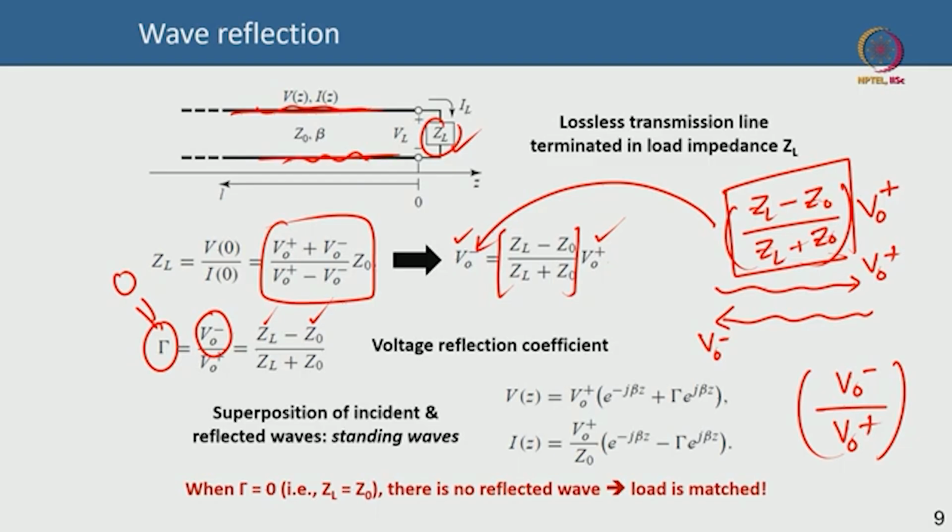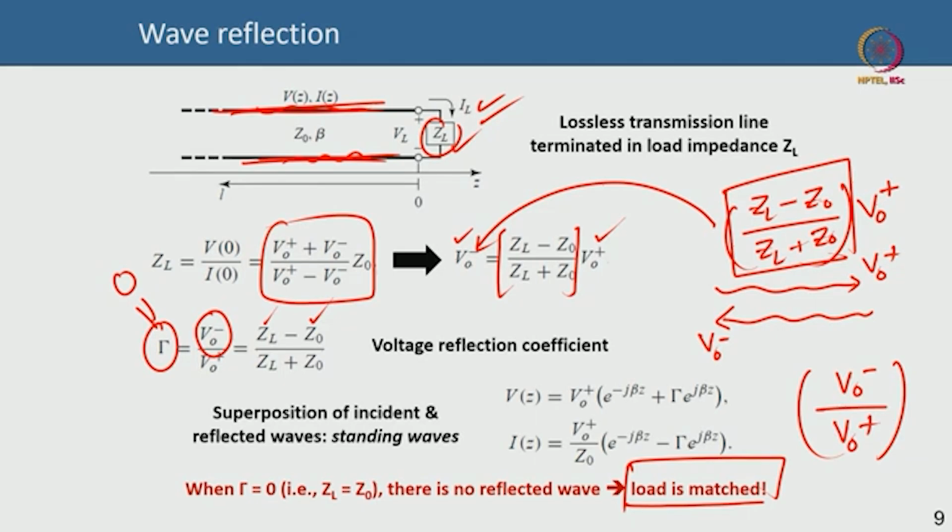So, if you have a reflection coefficient of 0, it means your load impedance is perfectly matched to the characteristic line impedance. That is what it means. So, you want to get to a load which is matched to the characteristic impedance of the line.